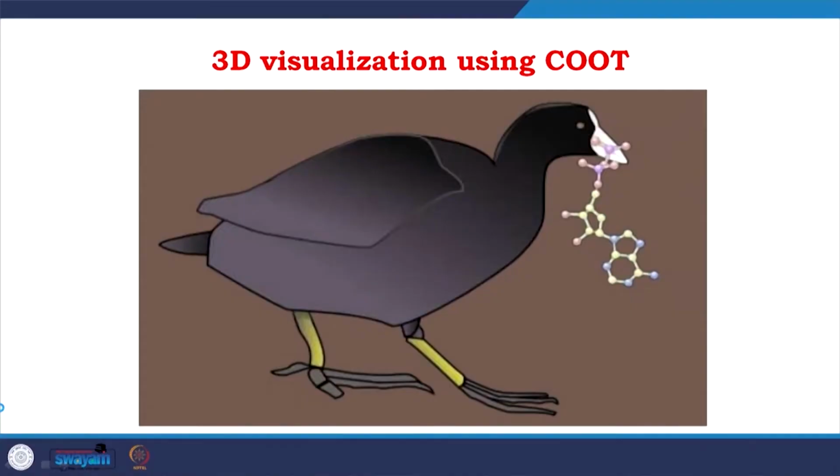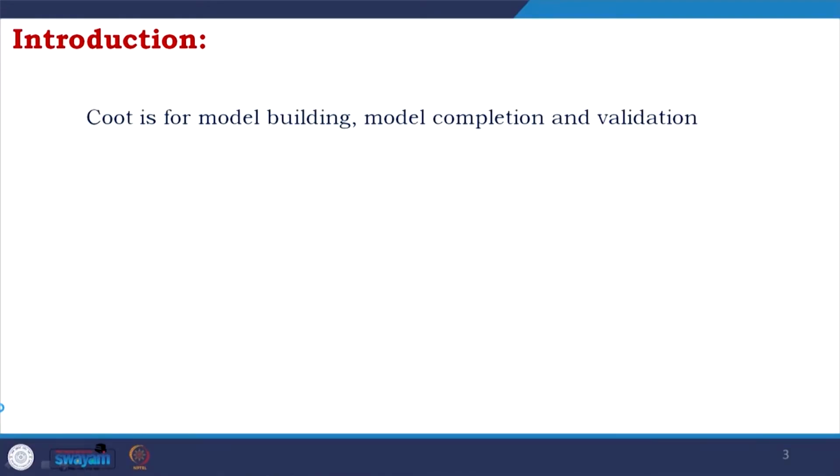So, welcome to the 3D visualization using the software called COOT. COOT is for model building, model completion and validation. So, it is not only to visualize, but to build the model, to look at the process, the journey to complete it, and more importantly to validate.